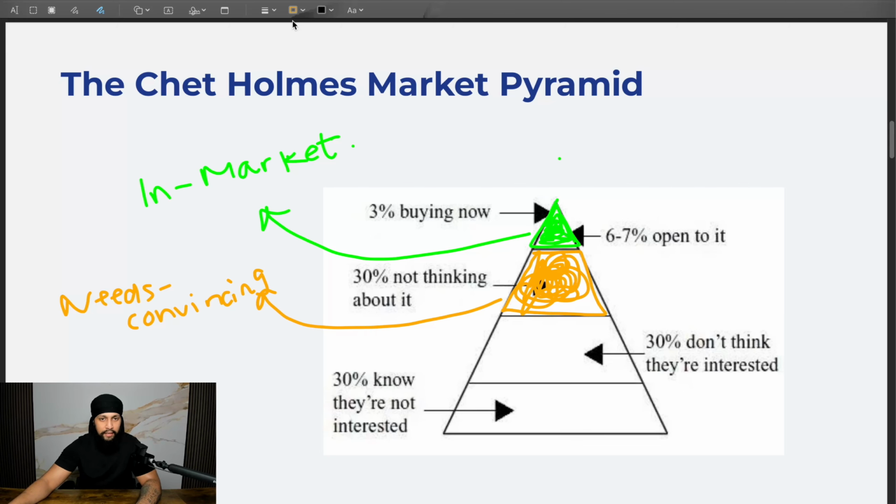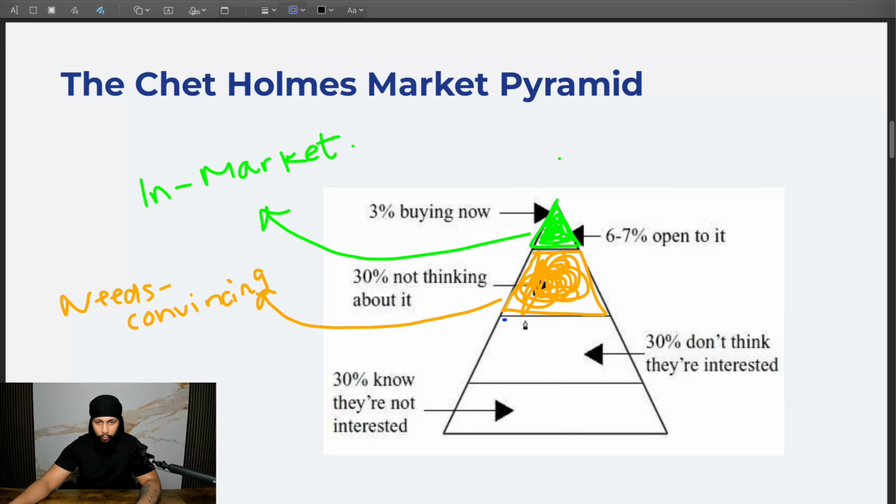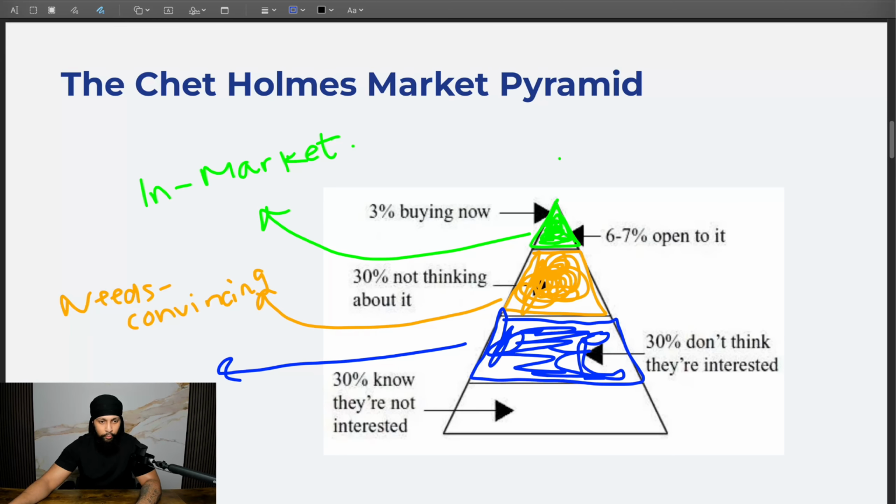Okay, and then down here, right underneath it, let's call this color blue, we have mass market. Okay, these are people that don't think they're interested yet. Okay, so this is what we refer to as the mass market segment.